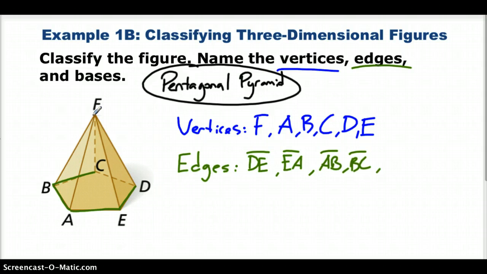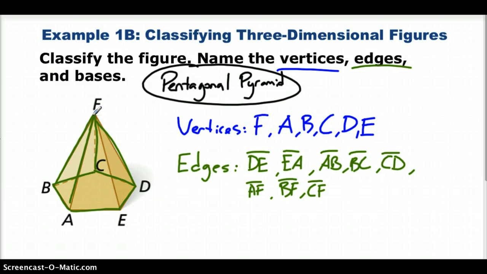Okay, definitely CD would be an edge. Okay, and then there's going to be a few more here, right? So AF will be an edge. BF, CF, DF. And then finally, EF, right?